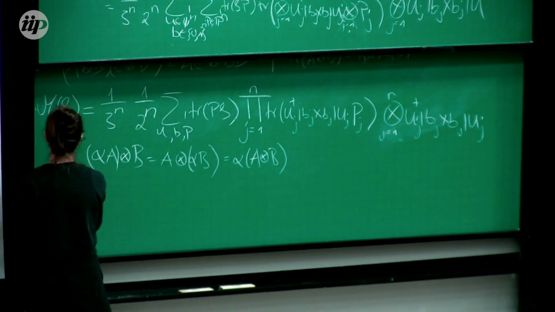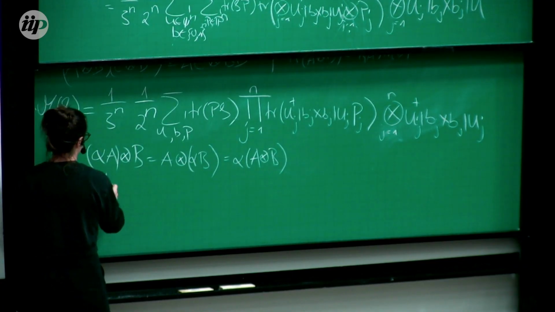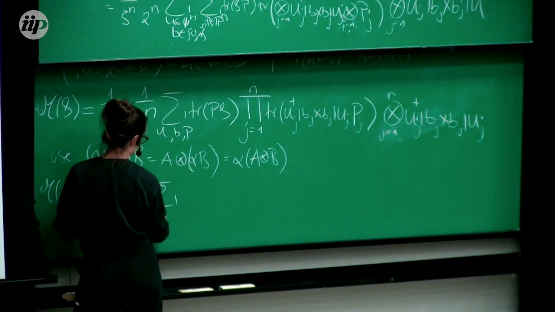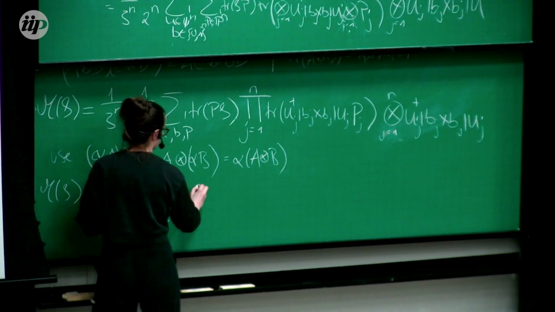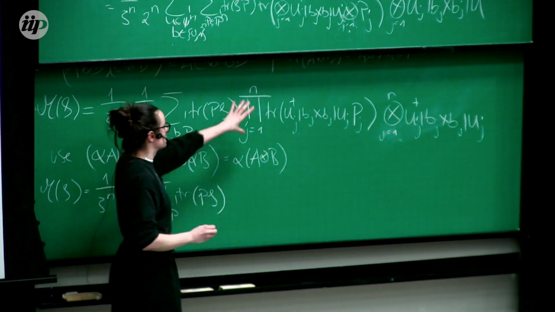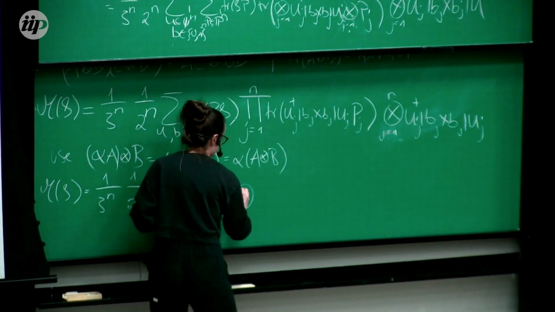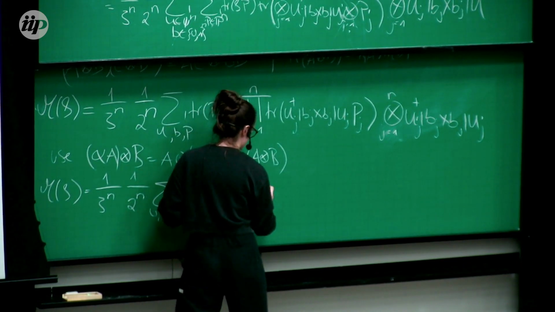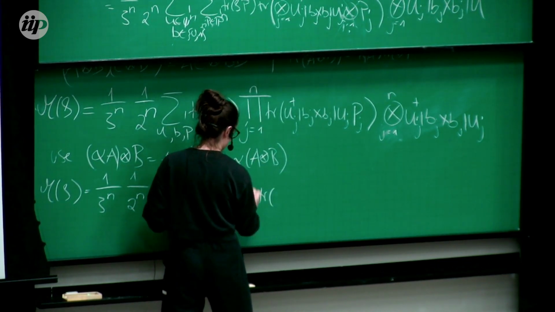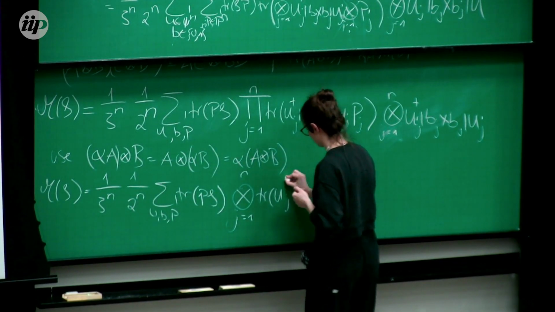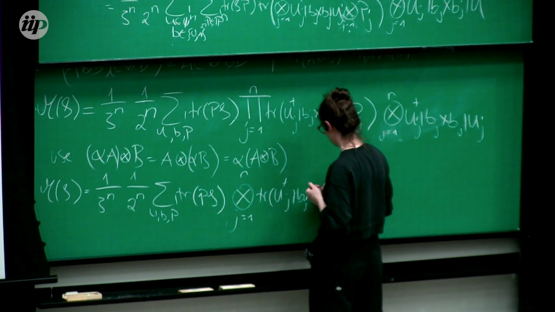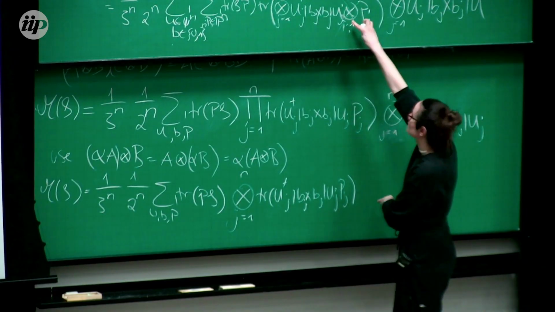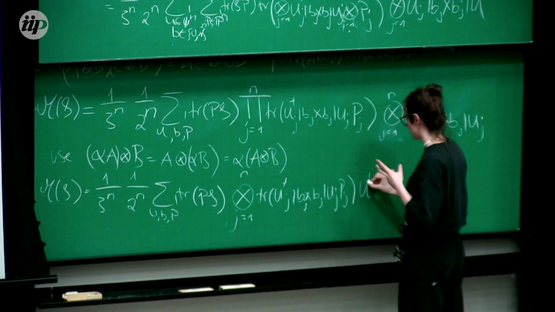So this is the same as always copying these factors here, U, B, P. And now I pull this in. So now we have a huge trace over j equals 1 until n, of the number from the product, and then we need the operator.